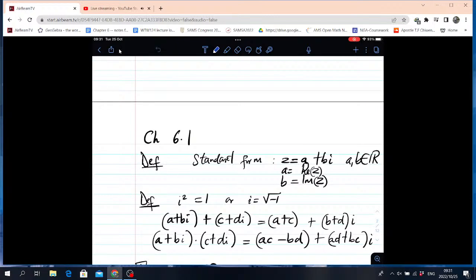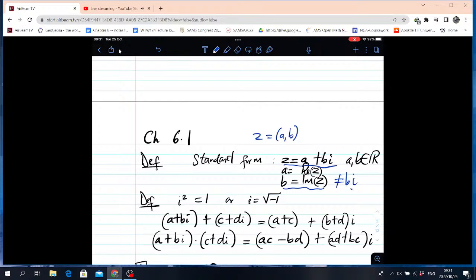So we started off with Z being an ordered pair, and then we ended up with this form, which is called the standard form. Z is equal to A plus BI, where A and B are real numbers, and the real part of the complex number is A, and the imaginary part is B. And here, let's just say this is not equal to BI.